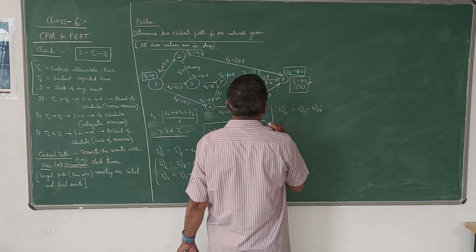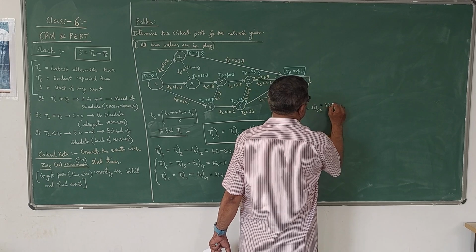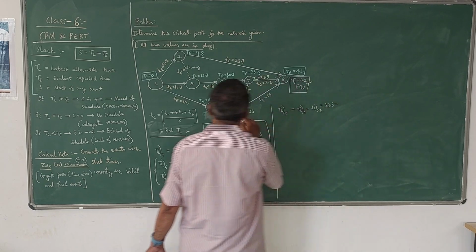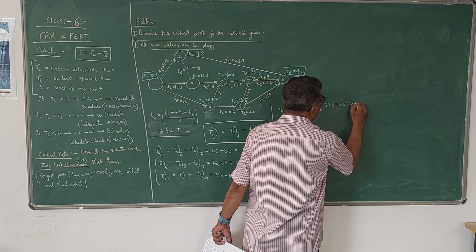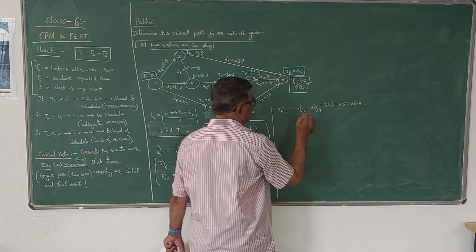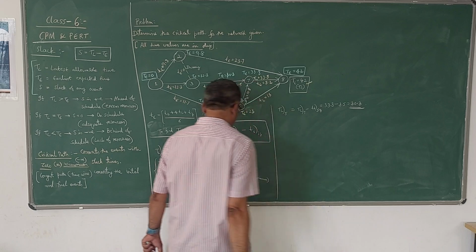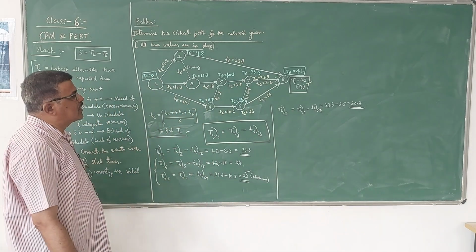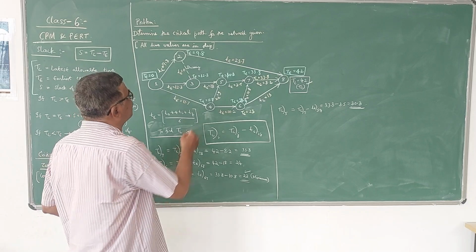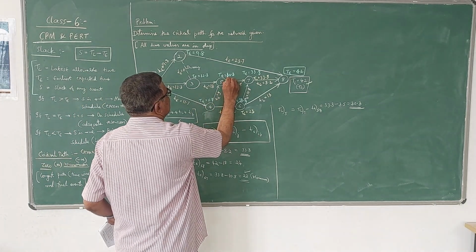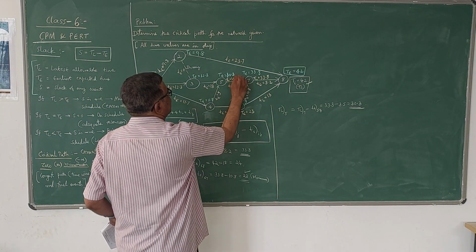TL7 is 33.8 minus TE of 57, which is 3.5. That gives 30.3. Only one answer. So TL for 5 is 30.3.